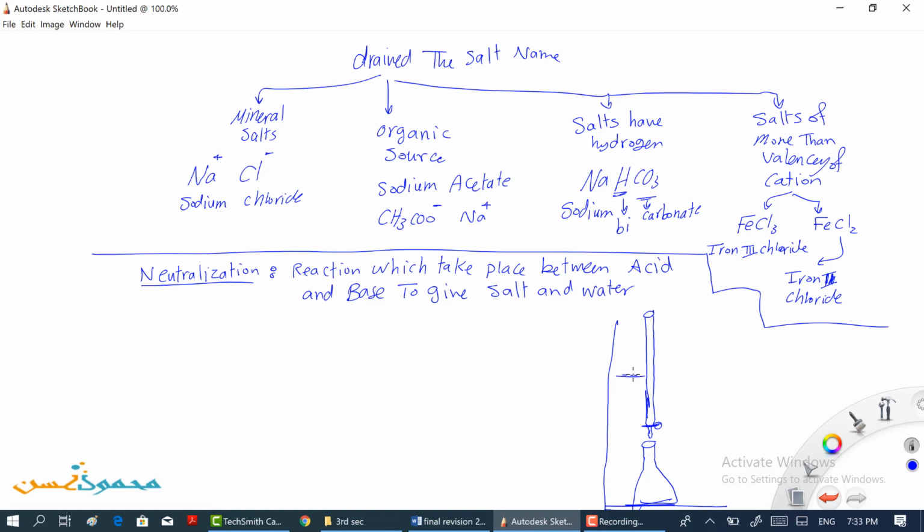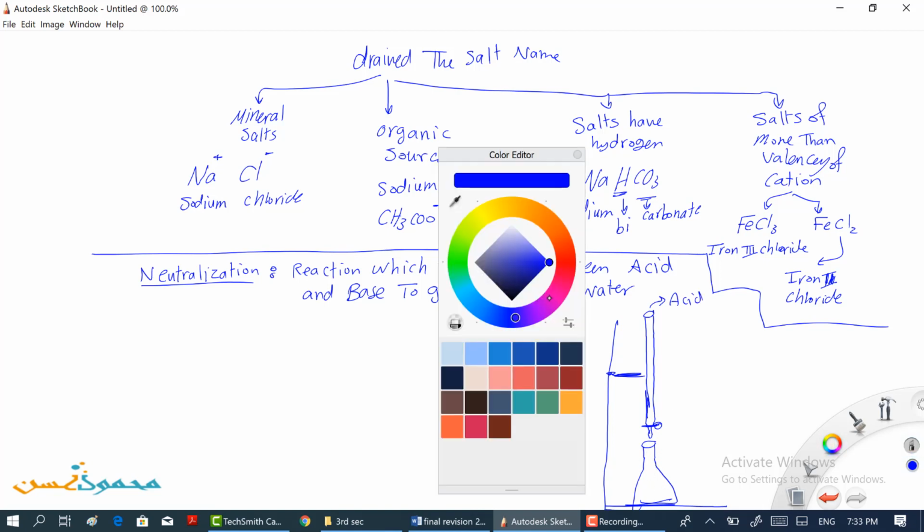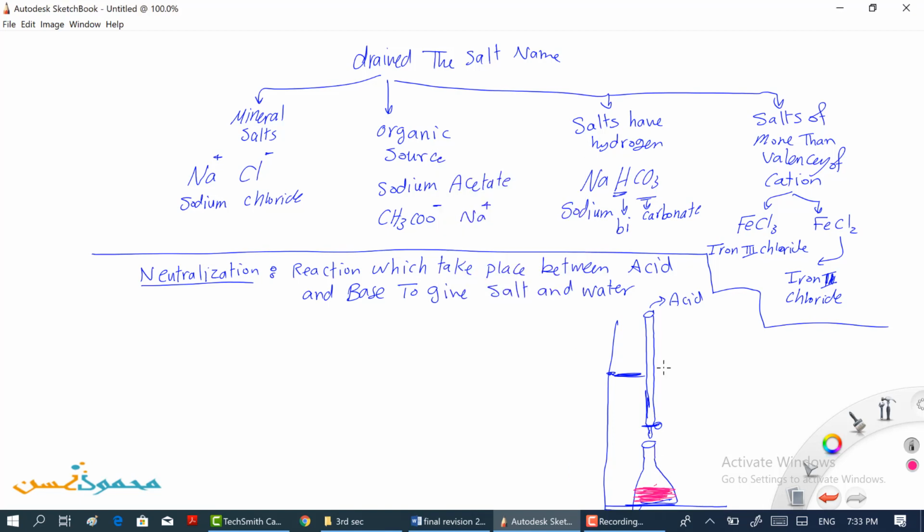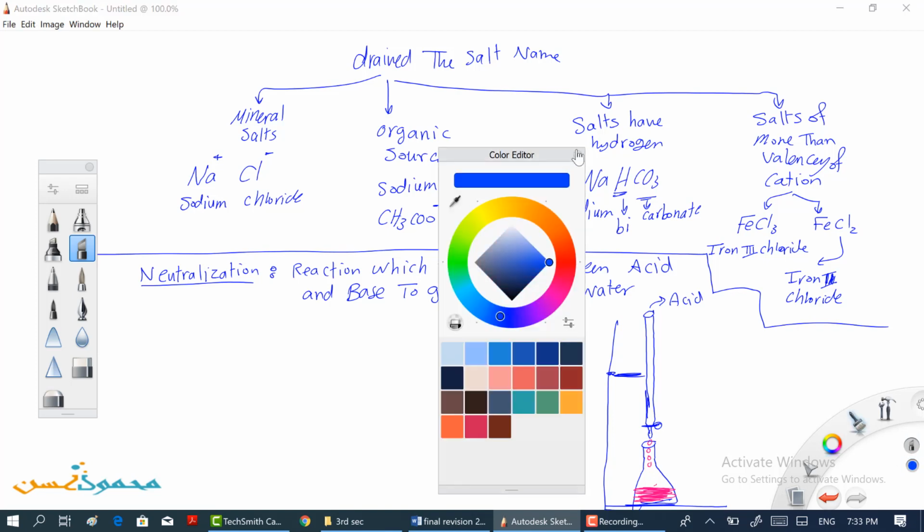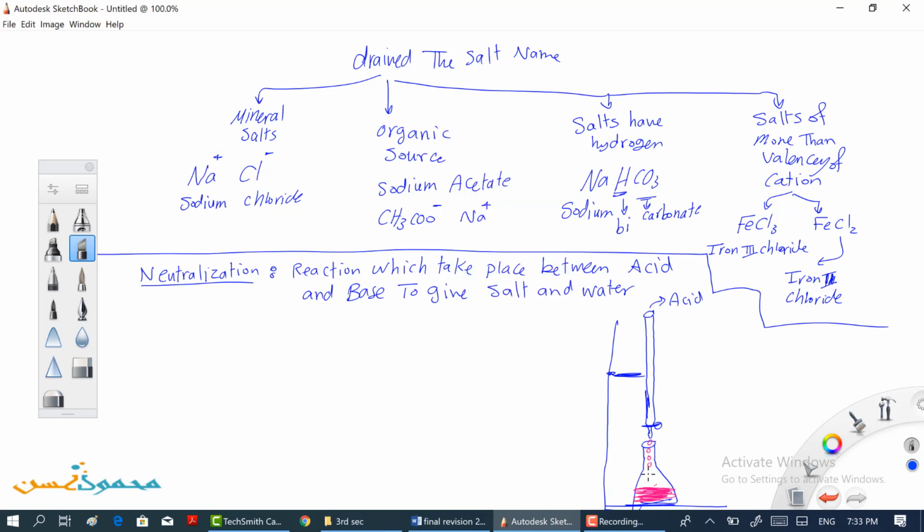In this case we add the base, and it becomes a pinky color in the case of methyl orange. Then we'll start to add the acid drop by drop over the base, till the color becomes colorless.